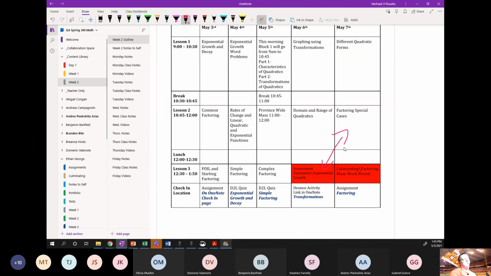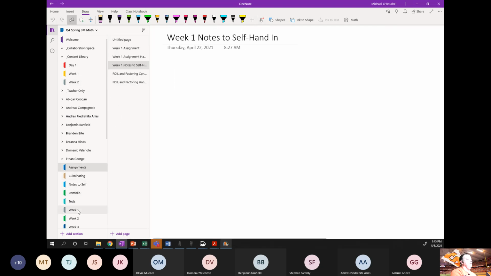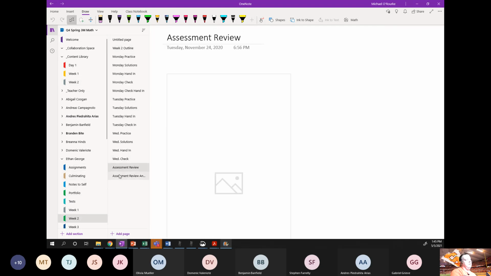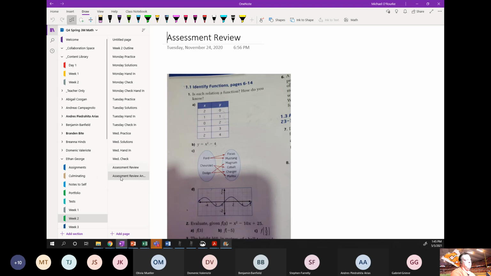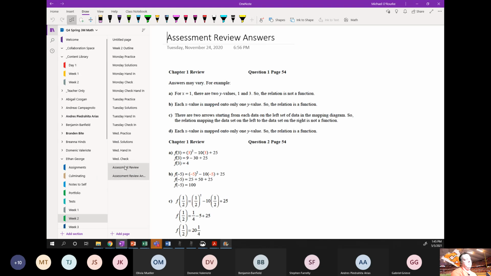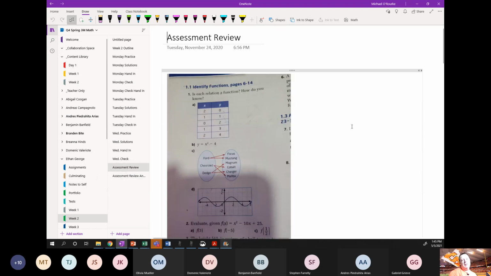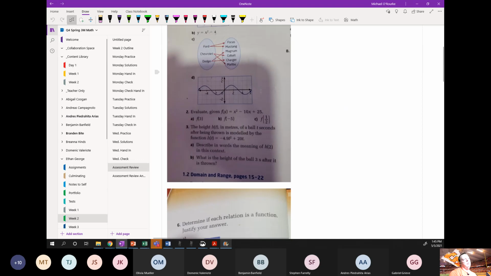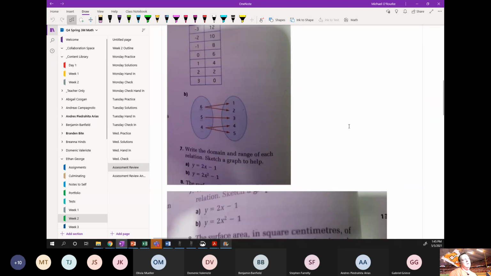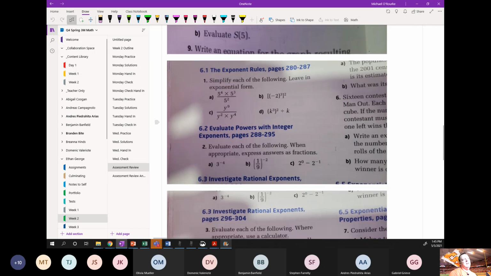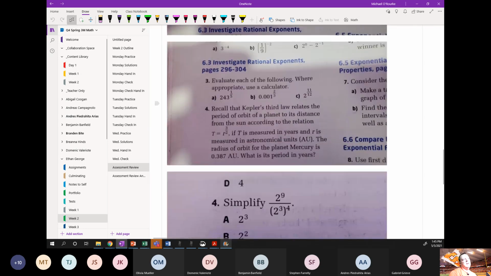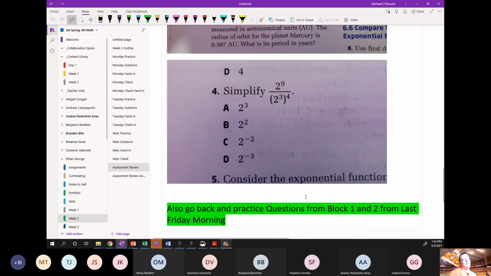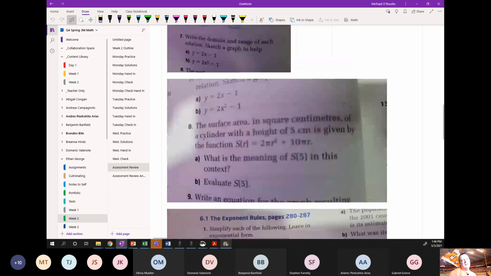But in your homework, I did put a review. See the assessment review? What I want you to do tonight is go through this and pick out things that you need to study. Skip through it and figure out things that you need to study.